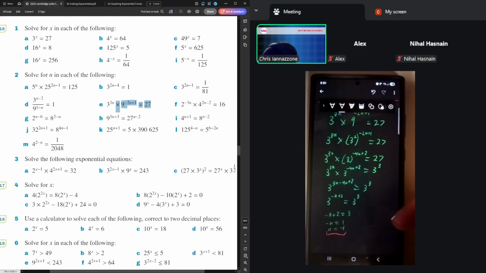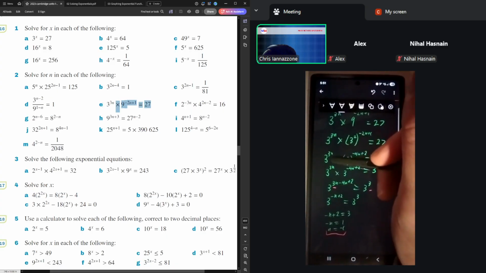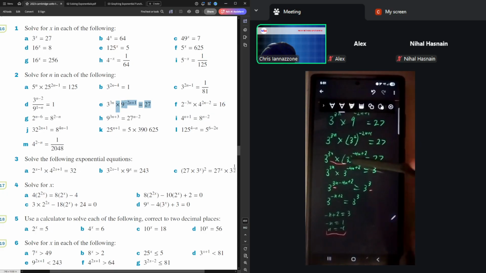Yeah, we can go straight at it by combining everything down until we have one term on the left and one on the right, and then equating things. You could also go even a step further and identify that because these are all multiplied together, there is already an implied plus between them. So at this stage, if you wanted to, write 3n plus minus 4n plus 2 is equal to 3.